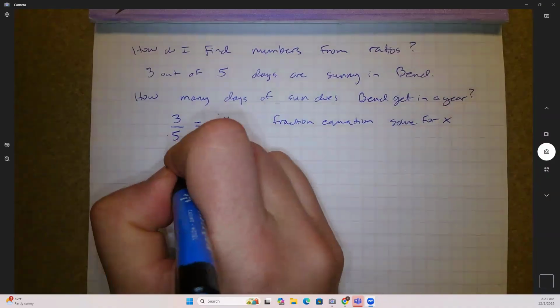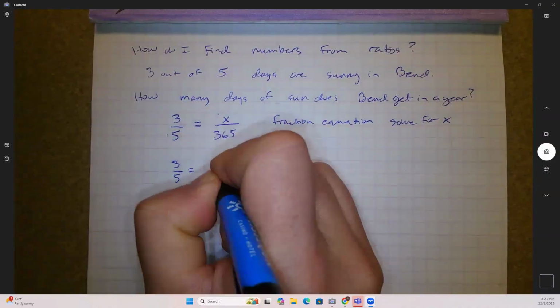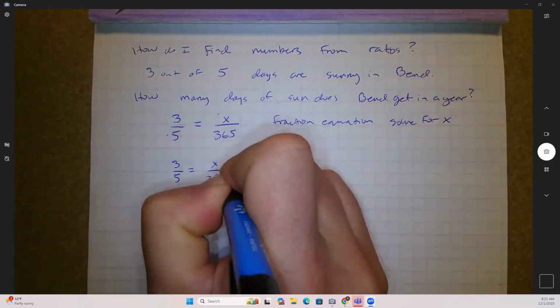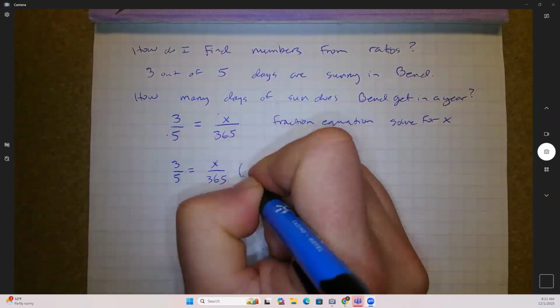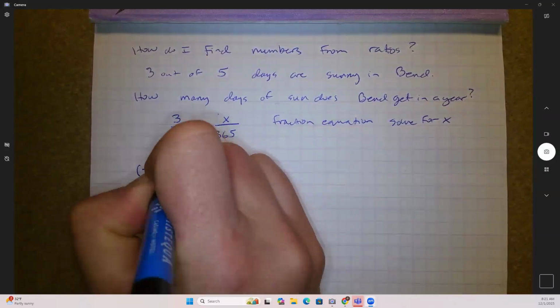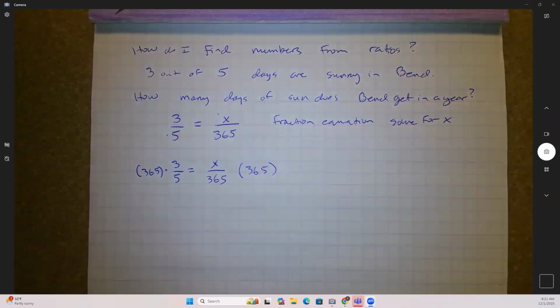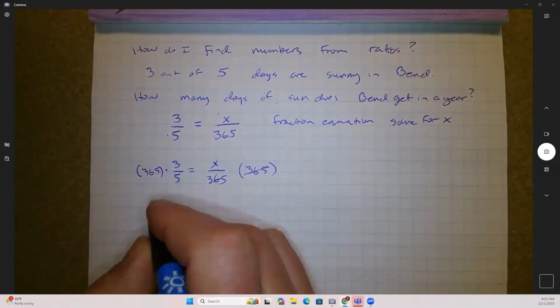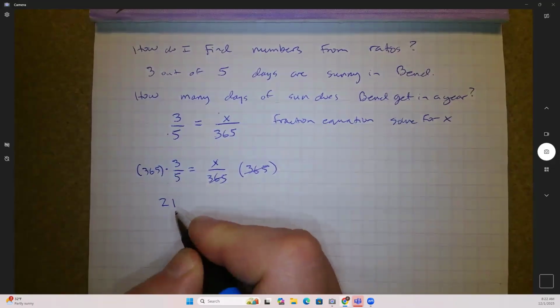The easiest way to solve this equation for x, and in fact there are lots of different ways to do it, is just to multiply both sides by the 365. That's going to cancel the 365 on the right, and I end up with 365 times 3 over 5, which equals 219.